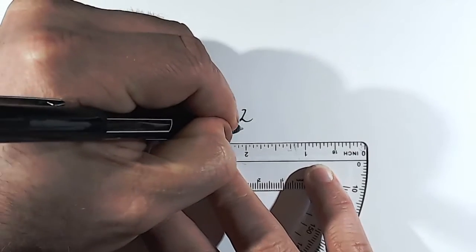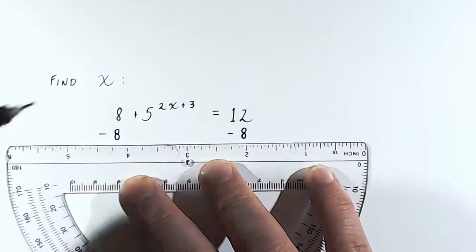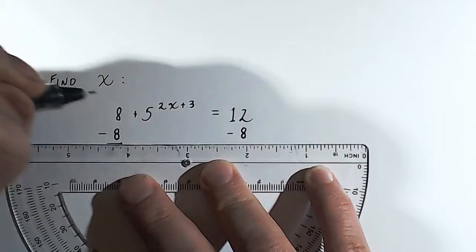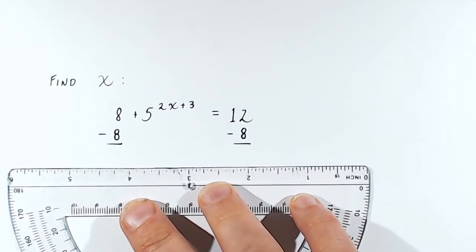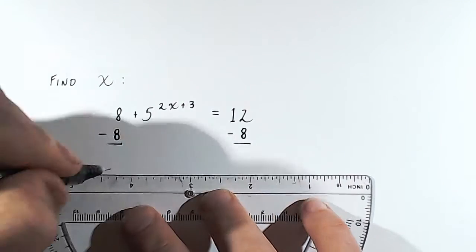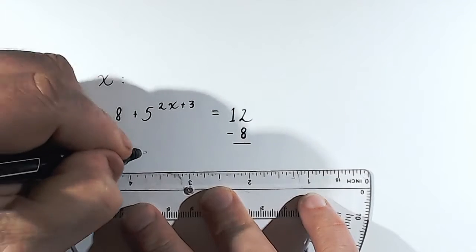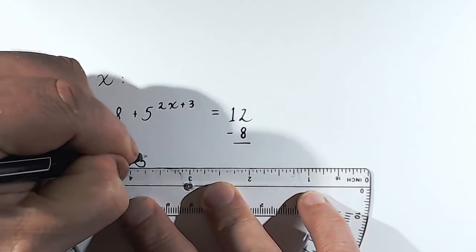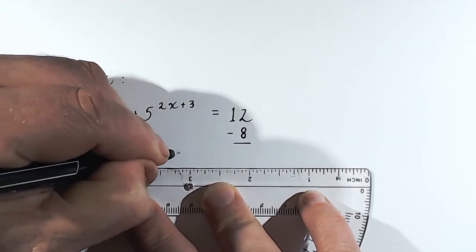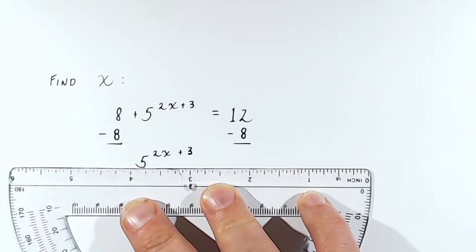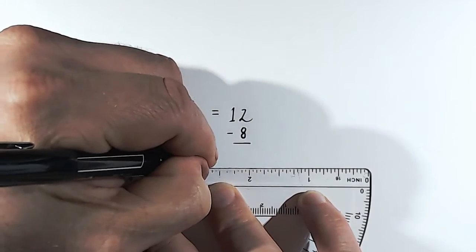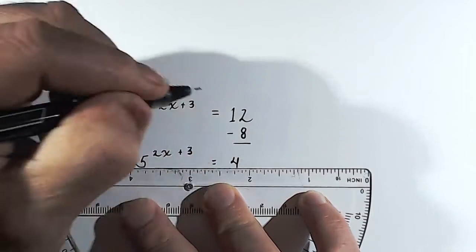No new information there. Okay, so 8 minus 8 is 0 on the left and 4 on the right. On the left side, we have 5 raised to the power of 2x plus 3, and that is equal to 4.